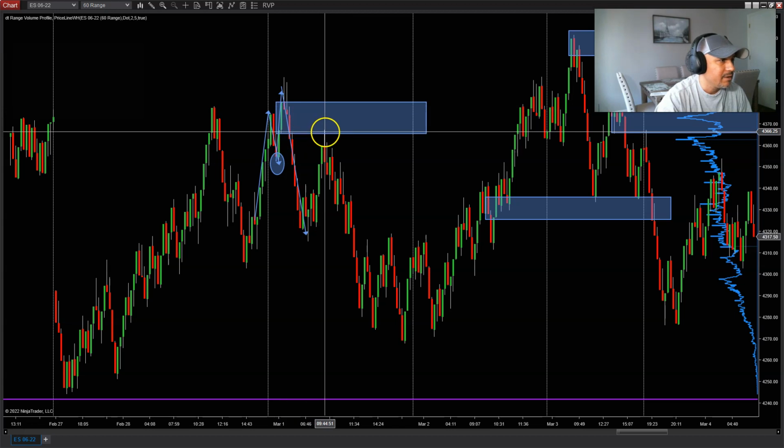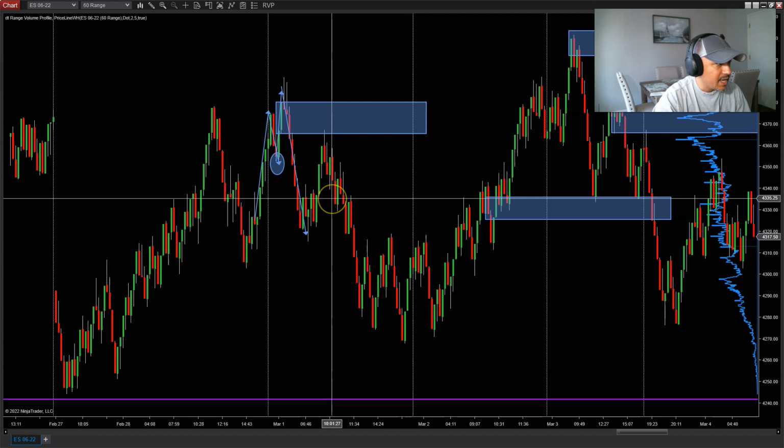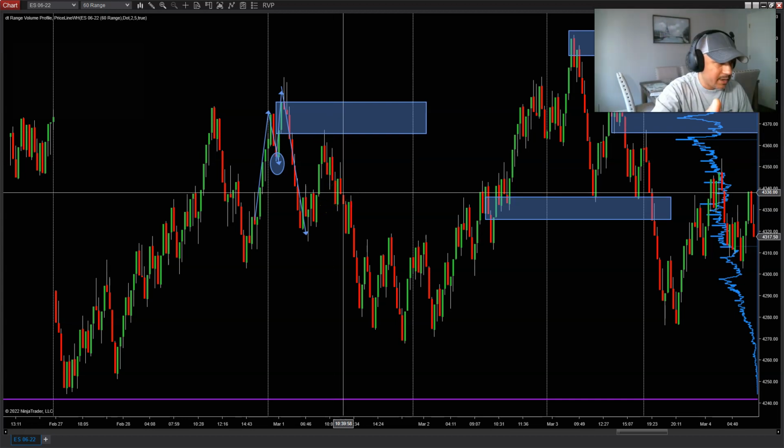It does it right here. It pulls back into it. When price taps back into that zone, this is where I look over at my 12 range chart, and I want to start seeing if price is starting to break structure to the downside, and then we look for the pullback, okay?